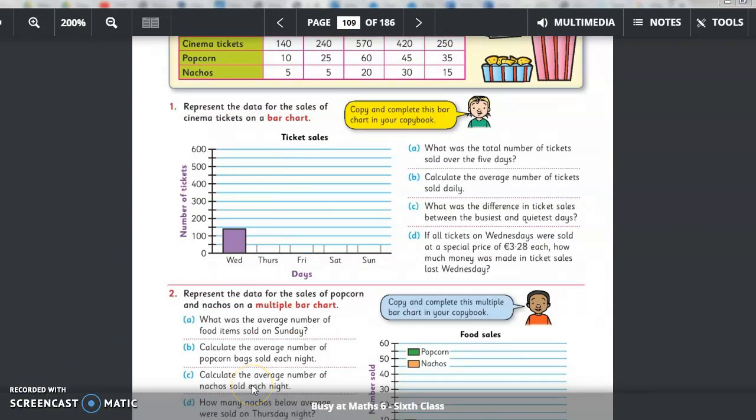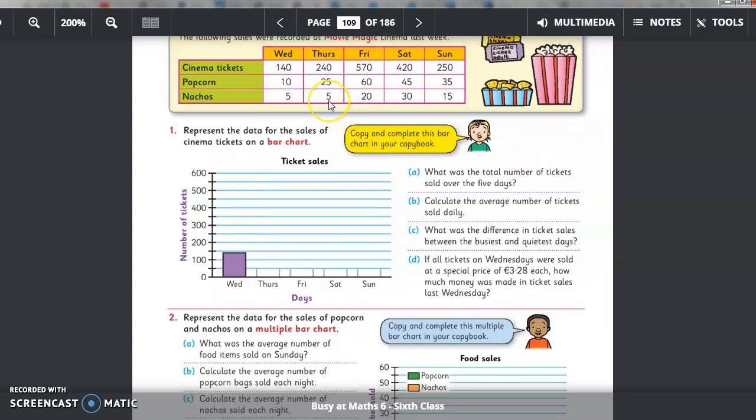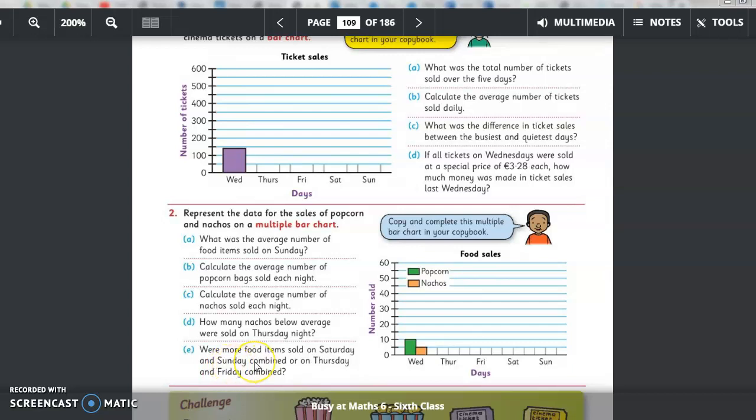C, calculate the average number of nachos sold each night. Add up all your nachos and divide by 5. D, how many nachos below average were sold on Thursday night? So you need your answer from C and you'll take away what you sold on Thursday night, which is 5, and that should give you your answer. 2e, were more food items sold on Saturday and Sunday combined?